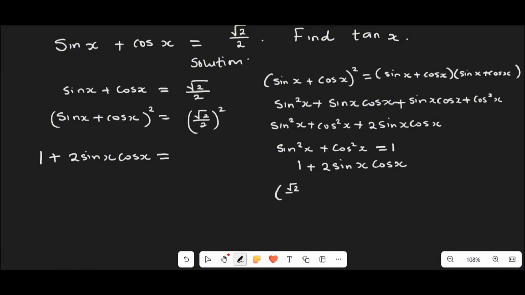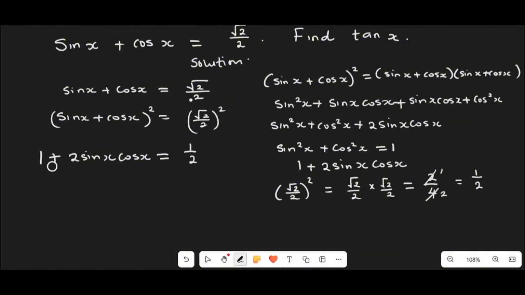Root 2 over 2 raised to power 2 is equal to root 2 over 2 multiplied by root 2 over 2. Root 2 multiplied by root 2 will give us 2. 2 multiplied by 2 will give us 4. 2 here 1, 2 here 2, which is equal to 1 over 2. So we have 1 over 2.